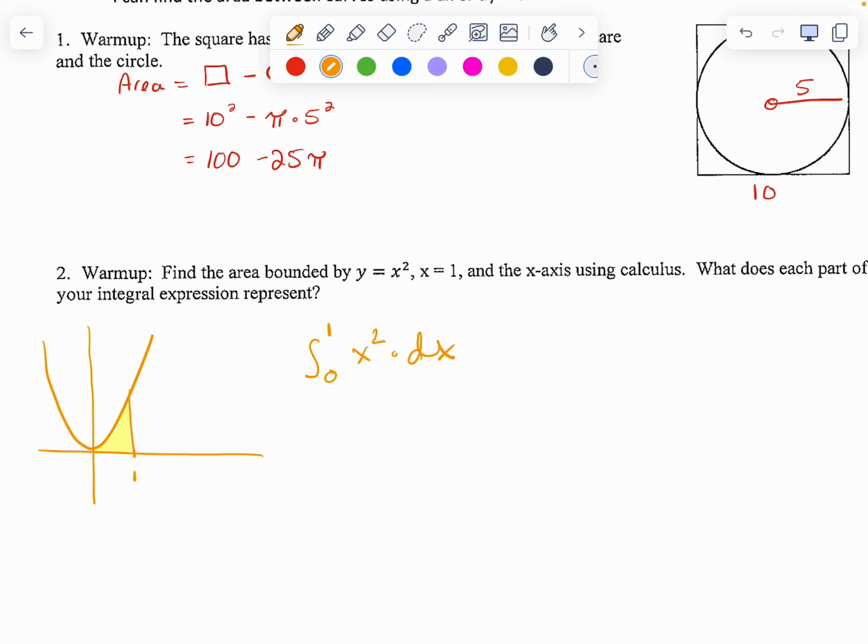So what do all of these parts mean? Well, x squared is the height of each tiny rectangle we're finding. Zero to 1 is telling us that we are summing up infinite rectangles between these values.